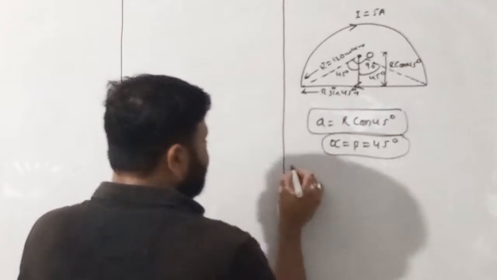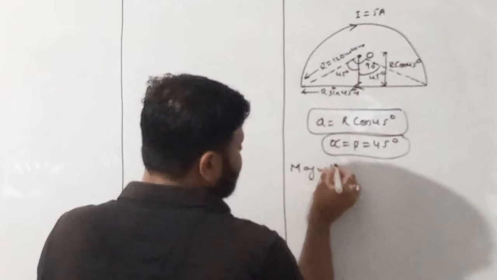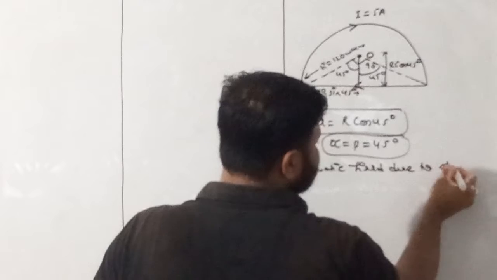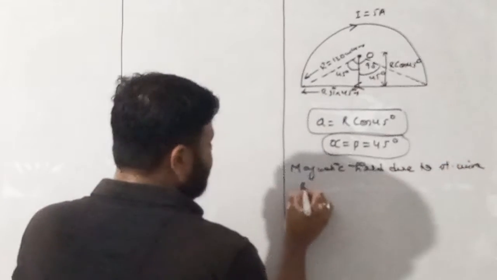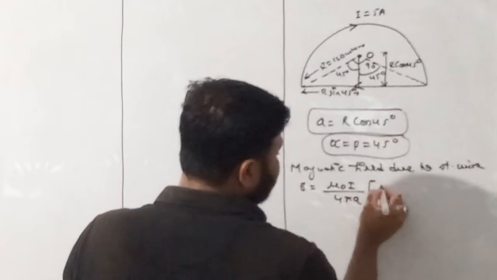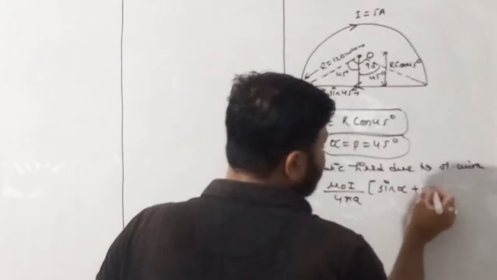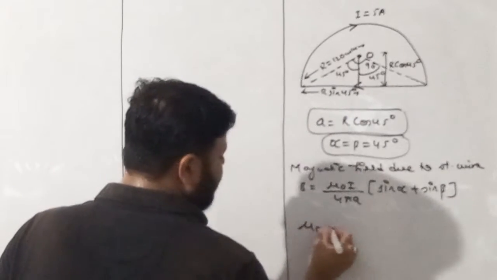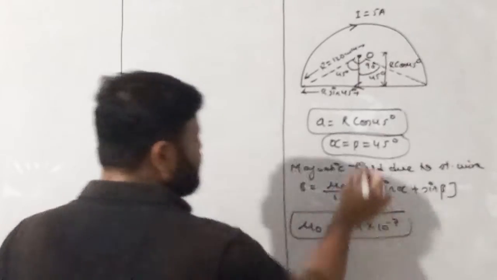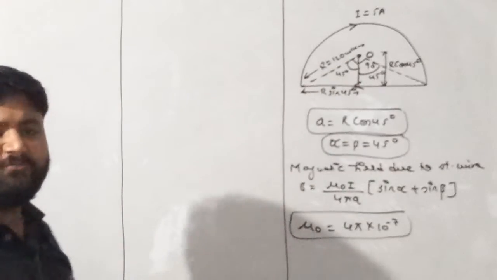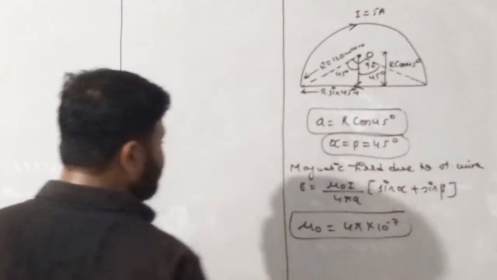Now we'll apply the magnetic field due to a straight wire. B is equal to mu naught I by 4 pi A times sin alpha plus sin beta. Instead of mu naught we can write 4 pi into 10 raised to power minus 7, and instead of A, the perpendicular distance from the wire to the point where we want the magnetic field is R cos 45.